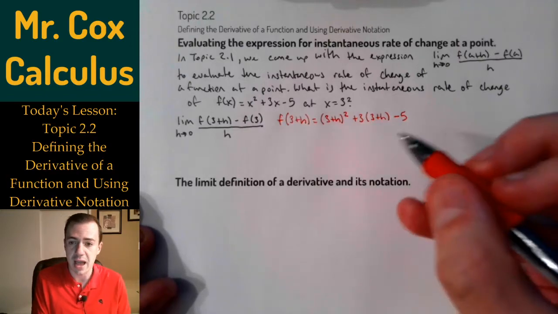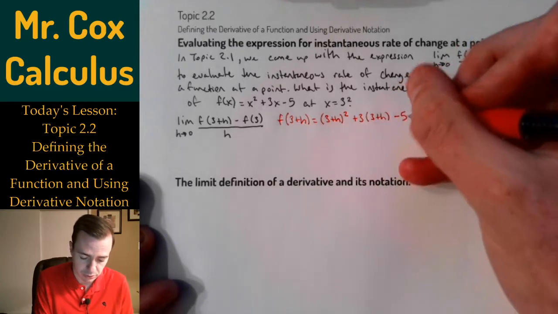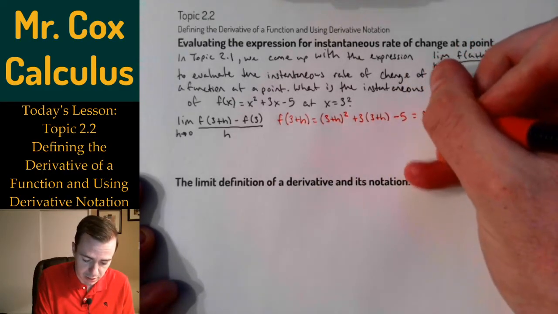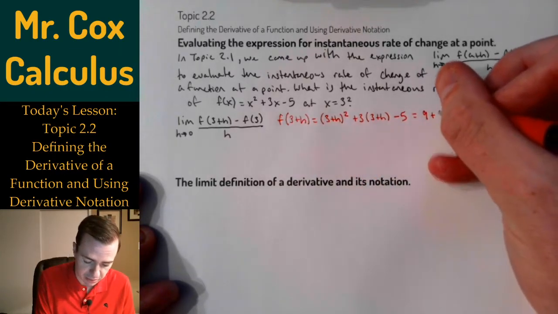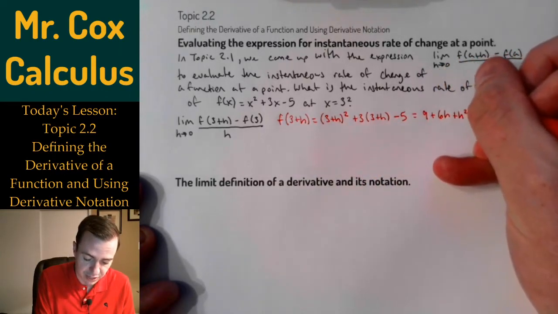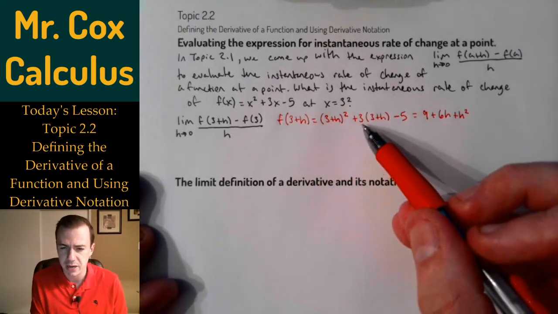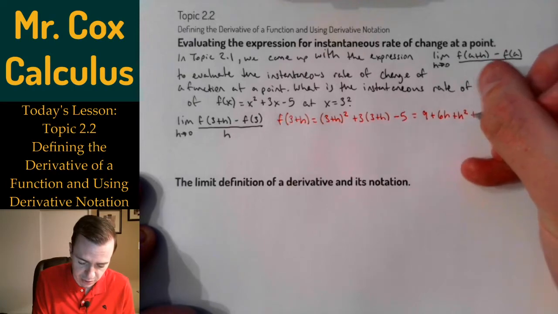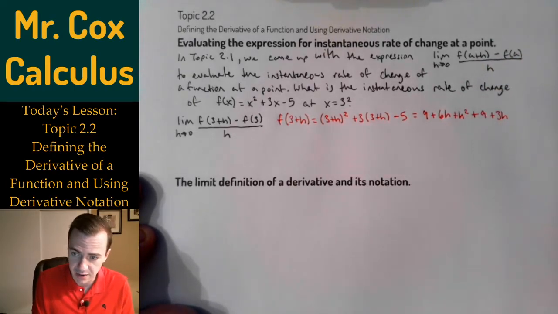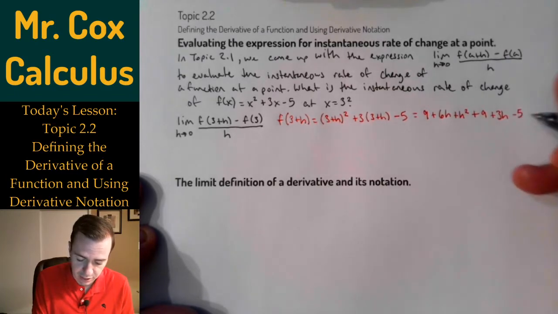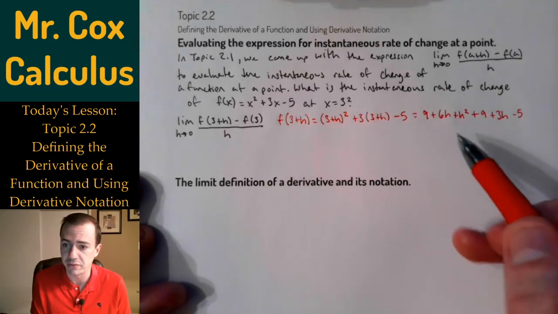If I remember how to square a binomial, that ends up being 9 plus 6h plus h squared, since I get 3 times h twice. Here I need to distribute the 3, so this is plus 9 plus 3h, and then I still have that minus 5 trailing there. Now I can do a little simplification.